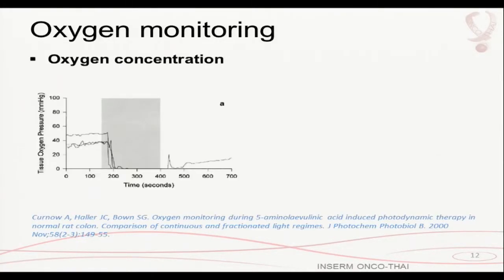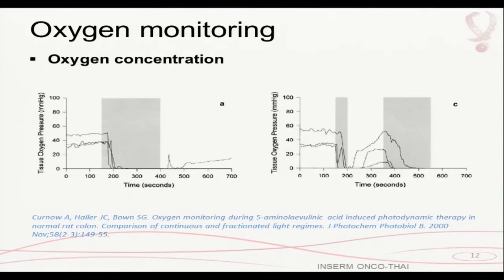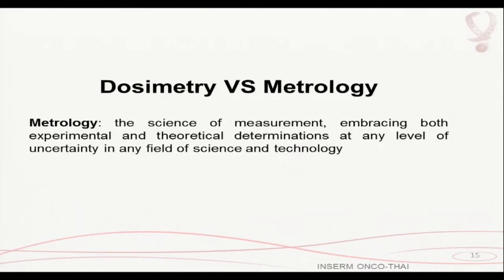For example, Alison Curnow, I think she's in the room, has clearly demonstrated that when you start to illuminate the skin, your lesion, you have oxygen consumption, so you in fact stop the photochemical reaction. So, that was about monitoring.